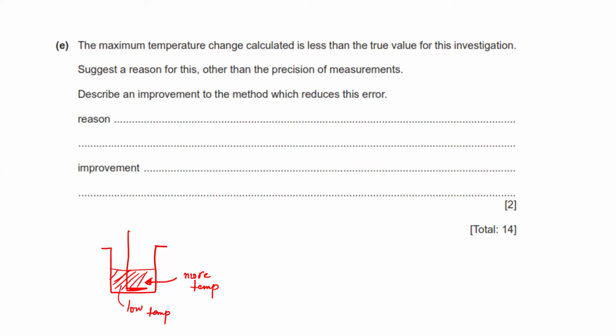Improvement, you have to stop this gain or this movement of heat from a higher gradient to a lower gradient. And that can be done in multiple ways. Use a plastic beaker, or you can insulate the beaker with certain material, or put a lid over the beaker as well. So these are all reasons. The one I like the most is to place insulation across the beaker.